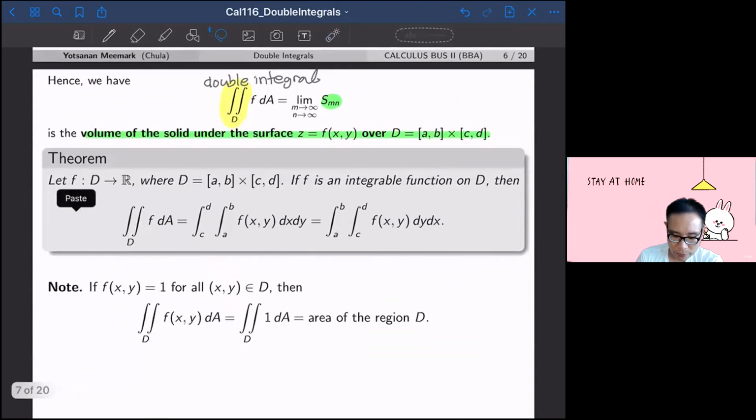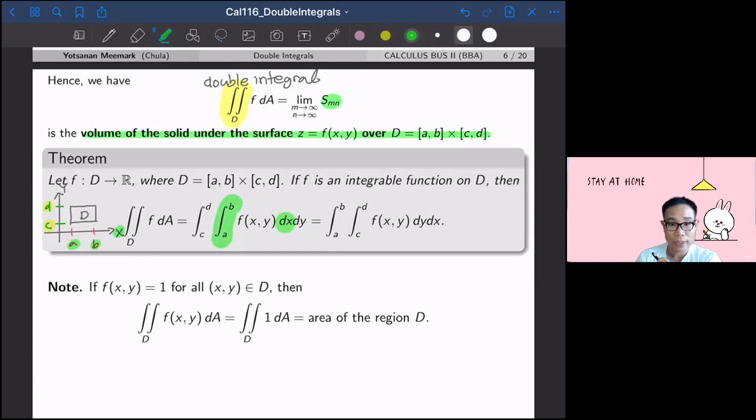You see this picture here takes care of A to B and C to D. If you have the integral from A to B, you are on the x variable, so it's the integral from A to B with dx. And you're going to have the integral from C to D with dy. So it takes care of the variable x and the variable y separately. It's an integral over the rectangle D, and D consists of A to B and C to D.